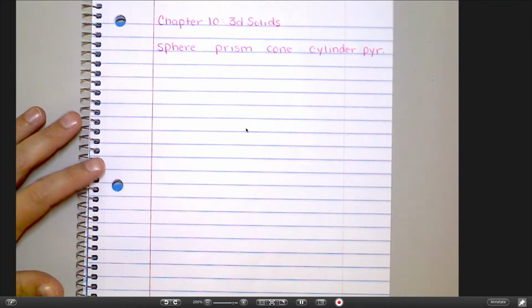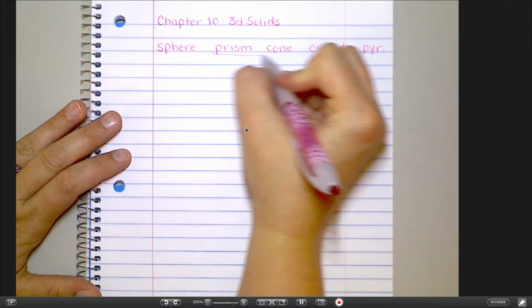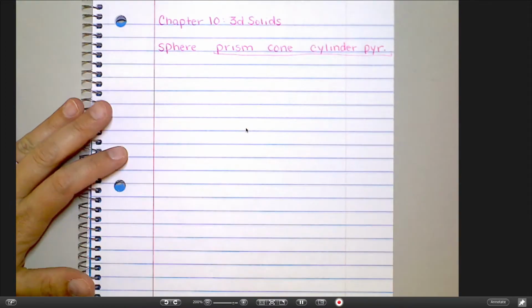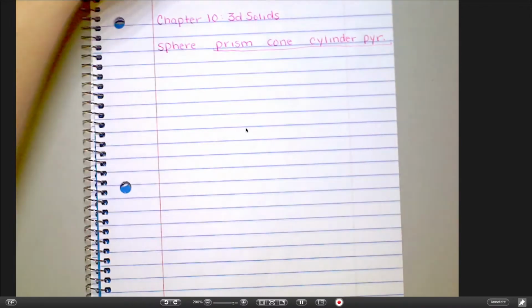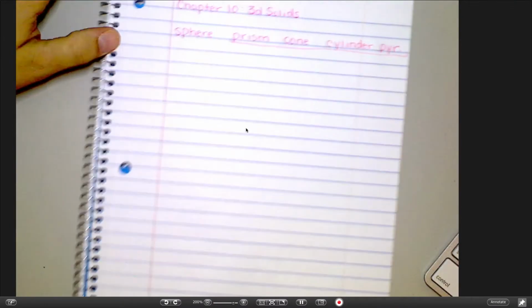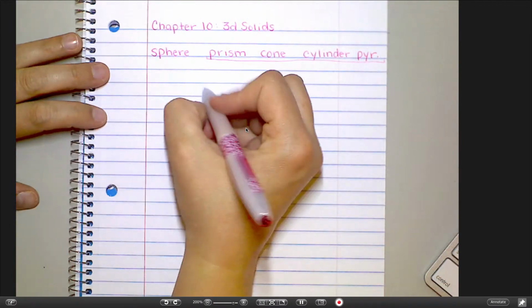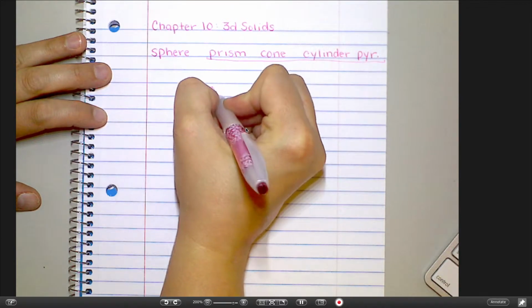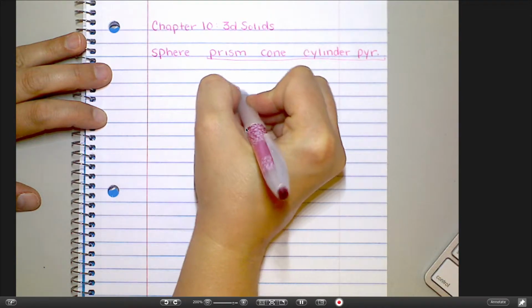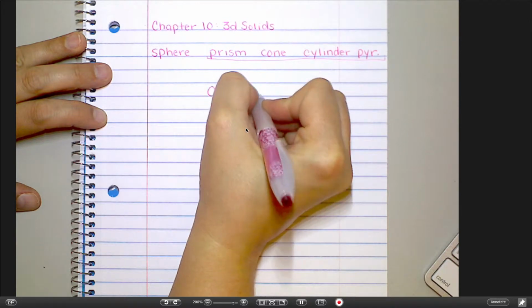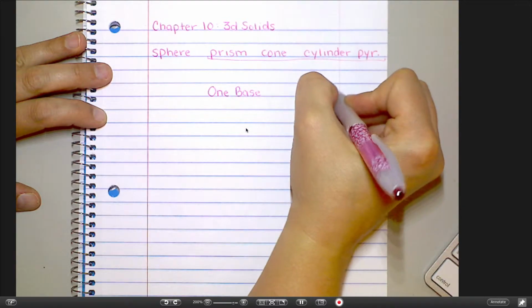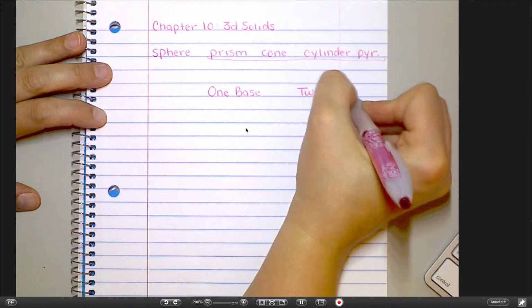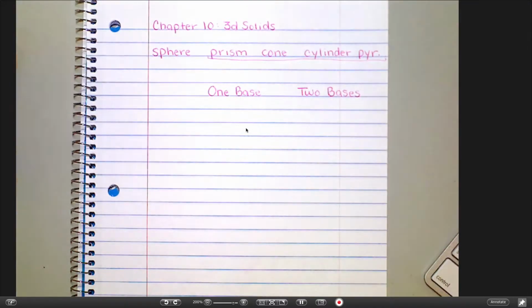These 4 are sort of related. There's a lot of things that they have in common. And here's sort of the ways we classify them. We can say, do they have one base or 2 bases? And then what else is different?